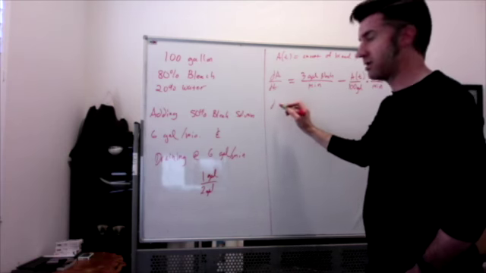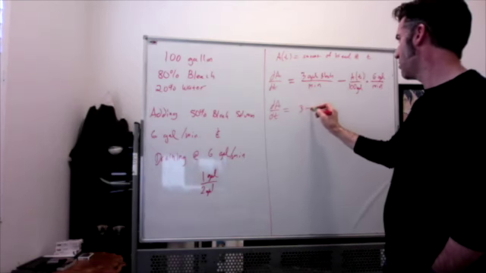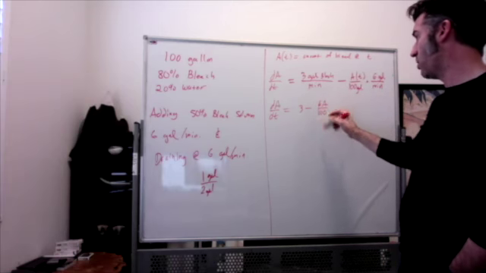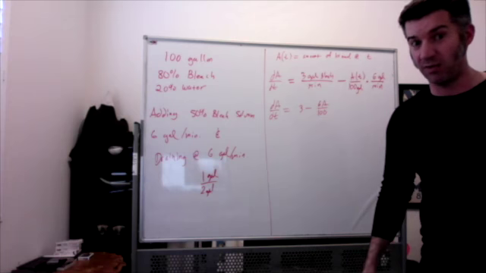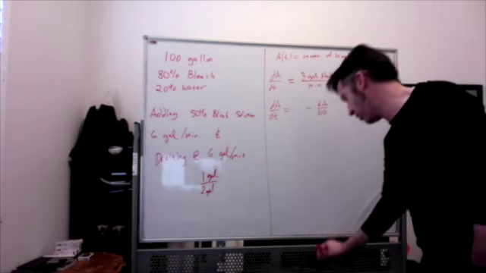We're going to write it as dA/dt equals 3 minus 6A over 100. I actually don't want to write it like this. I really want a common denominator here, so I'd write it as 300 minus 6A over 100.